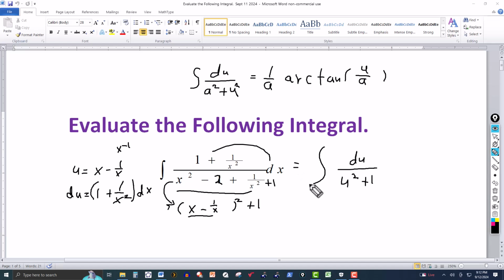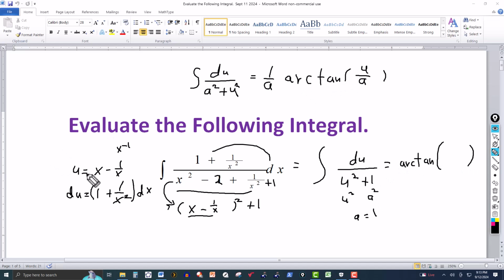In the formula, this is a squared here, and this is u. 1 squared is 1, so a is equal to 1. So according to the formula, this equals 1 over a, which in our case is 1 over 1, so this will be 1. That stays. And then it's tangent inverse, or arctangent. I'll use arctangent here, so it's arctangent of u over a.